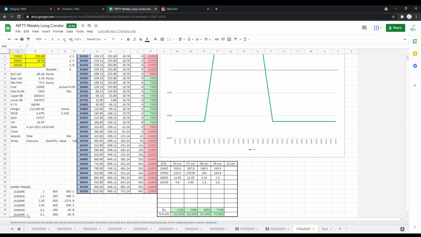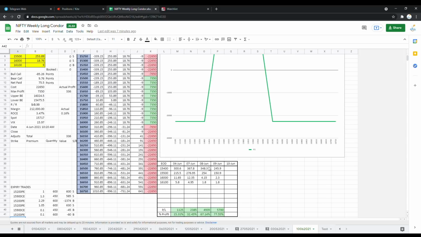The expiry trades, what I have done is loaded here, and you can see how every day the profit was increasing. On the first day it was 1125, which is 15% of the maximum profit, and on the second day, 7th of June, we got a little more than double, so we are at 32.45% of the maximum profit of 7350.